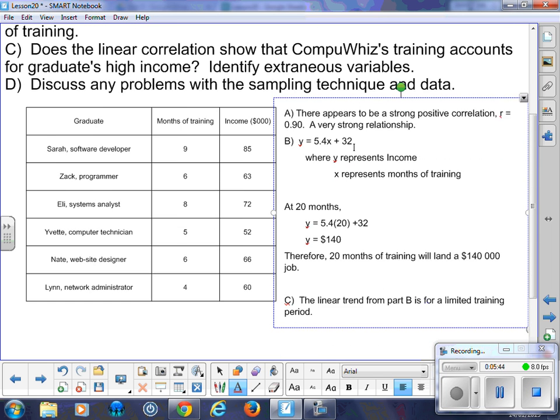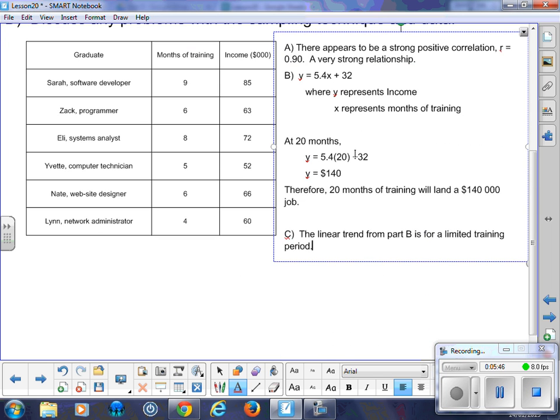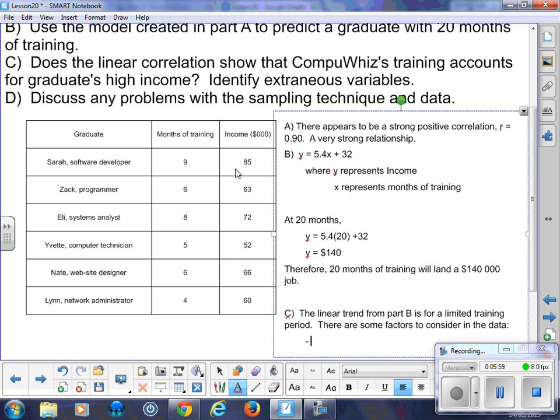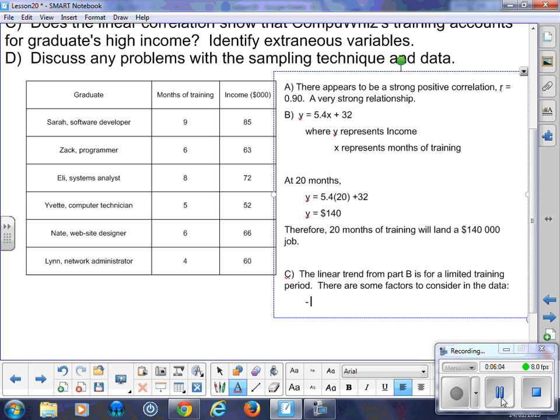So I would say that there are some factors to consider in the data. Okay, so what's the first one? Let's talk about, first of all, if we take a look at the jobs. So software developer, programmer, system analyst. If we look at who's making the most money here very quickly, we see software developer is making 85,000.